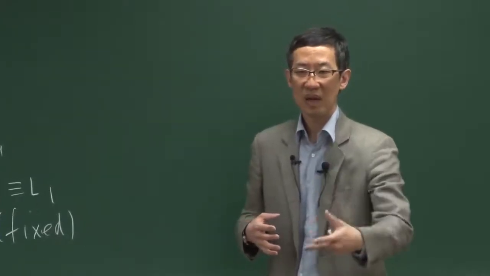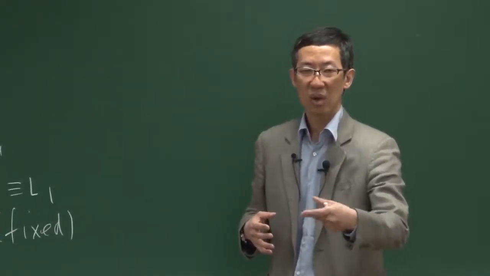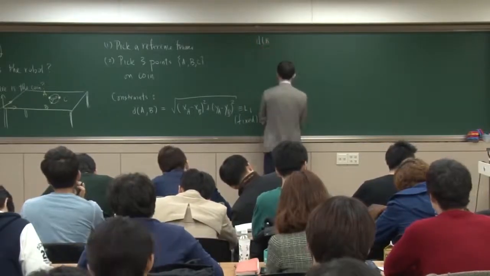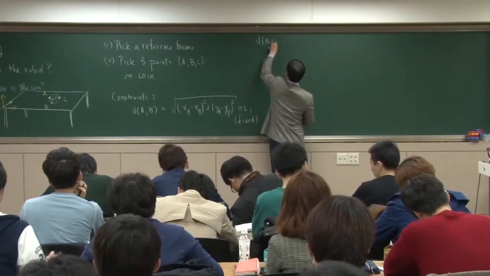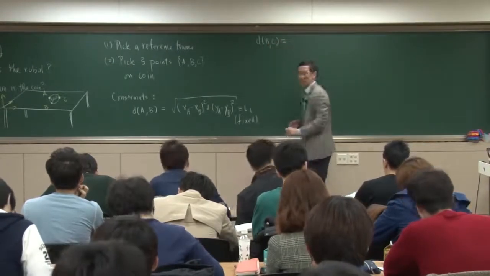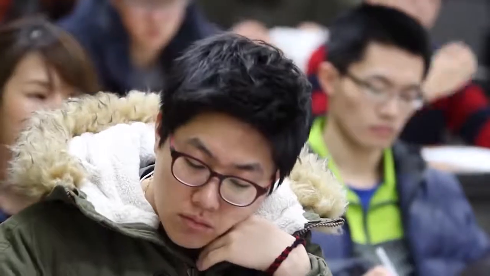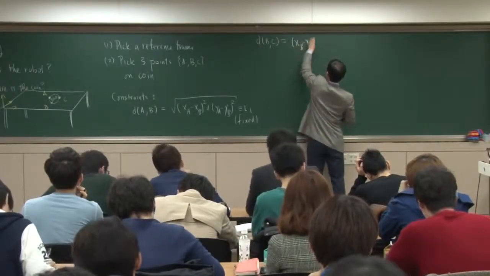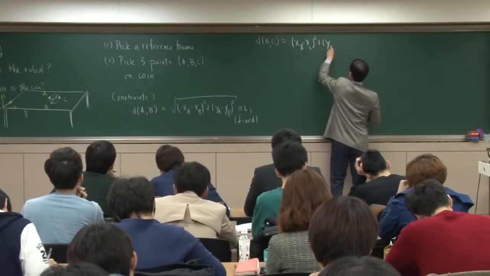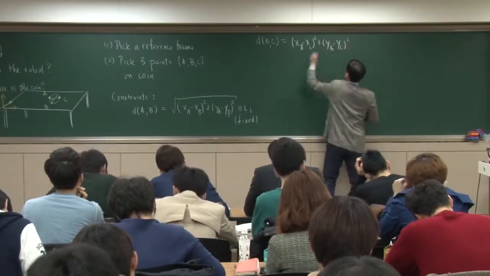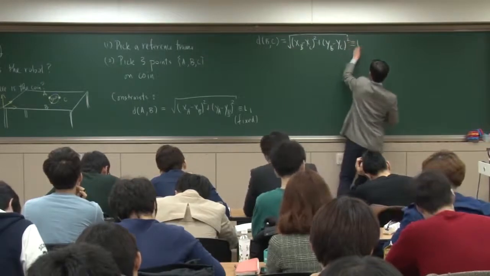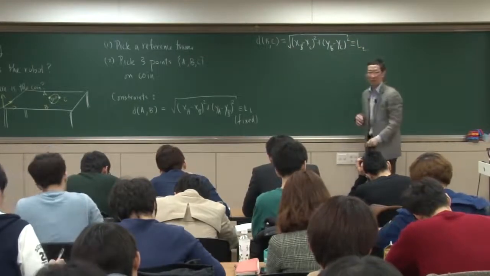We also have 2 more constraints. The distance between B and C is also going to be fixed. Let's just write it down. So this is going to be fixed to some constant L2.